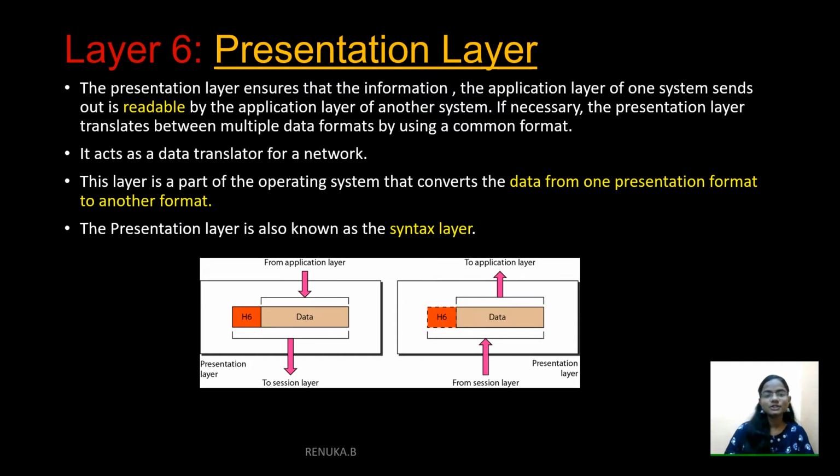It ensures the information the application layer of one system sends out is readable by the application layer of another system, and it acts as a data translator for the network. This layer is a part of the operating system that converts data from one presentation format into another format.